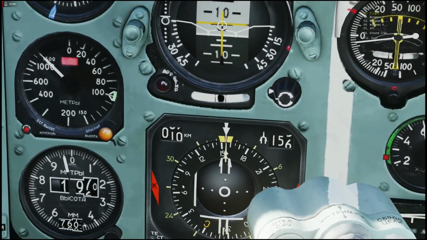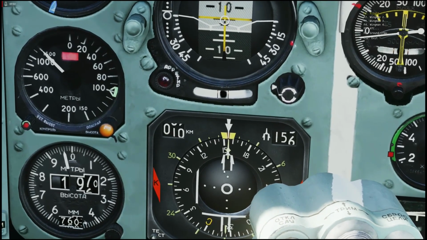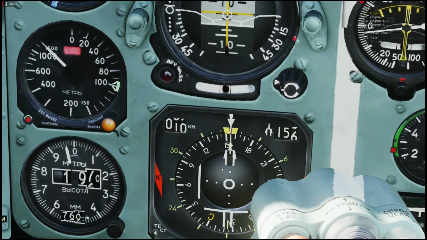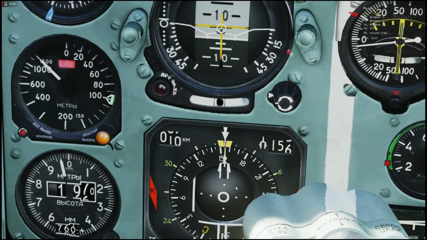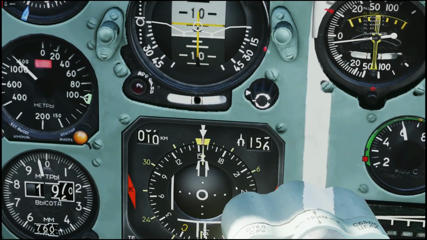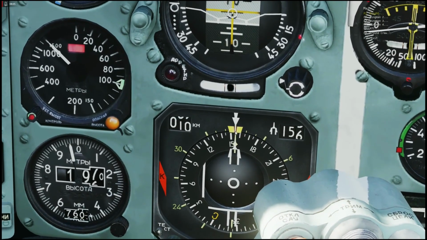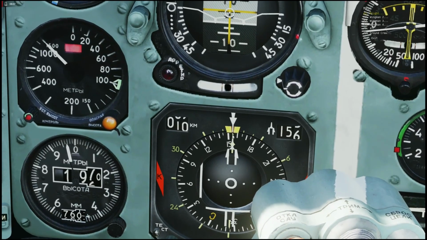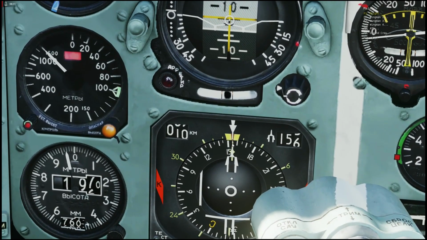Below here we have the HSI, Horizontal Situational Indicator. Here you have one big hollow needle that shows you the desired route to your steer point, and behind that you have a narrow yellow arrow.